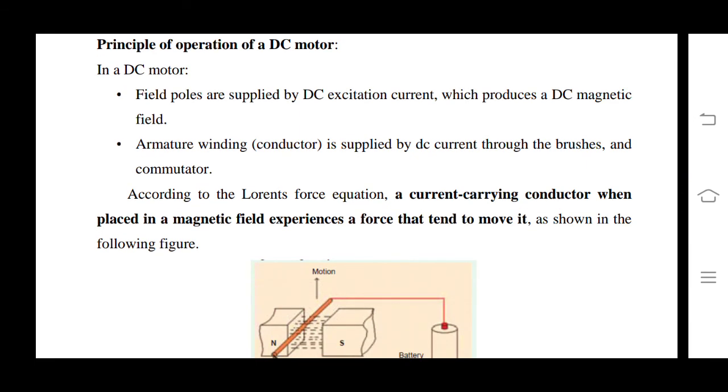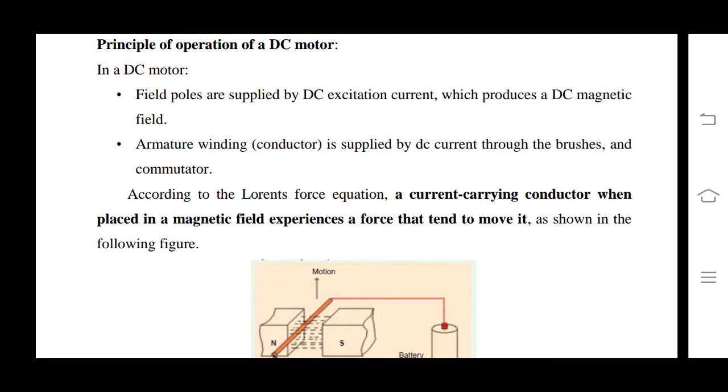Field poles are supplied by the DC excitation current, which produces a DC magnetic field. The armature winding is supplied by a DC current through the brushes and commutator. According to the Lorentz force equation, a current carrying conductor placed in a magnetic field experiences a force.